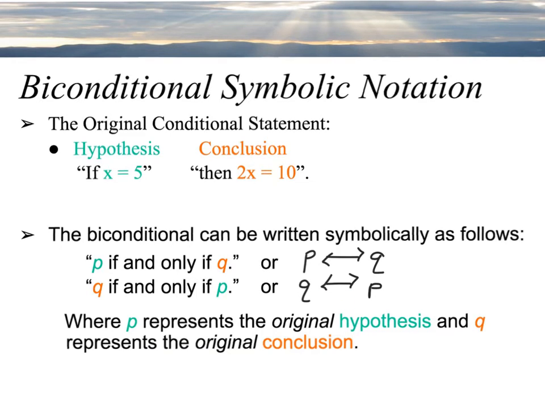Before, on the last slide, the arrow just went from left to right. This is a two-way arrow. And if I read this, it reads P if and only if Q. When you look at these arrows, you literally read if and only if. Or we could write the biconditional the other way, Q if and only if P. Again, P is always going to be that original hypothesis and Q the original conclusion.